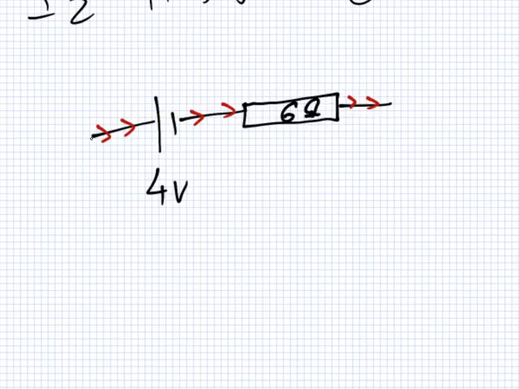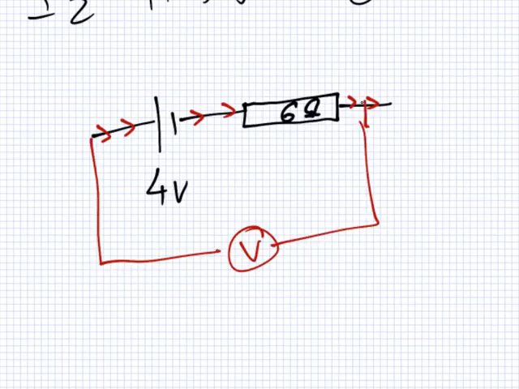So the total voltage, it's a bit weird, but this cell here is acting like a resistance because it's the wrong way. It won't be giving us 4 volts, it'll be taking 4 volts. So we'll lose 4 volts from the cell and we'll lose voltage from the resistor.